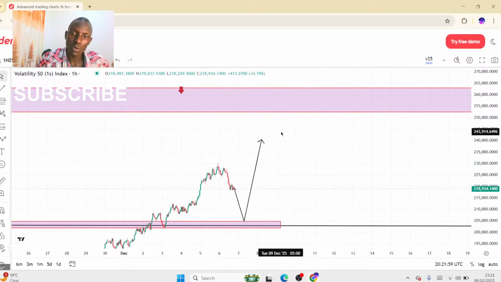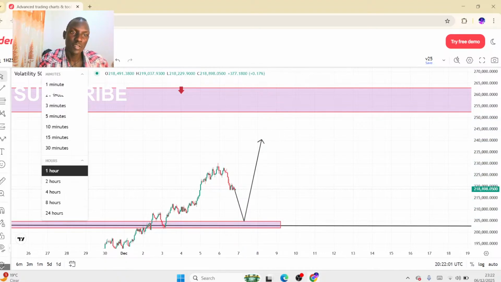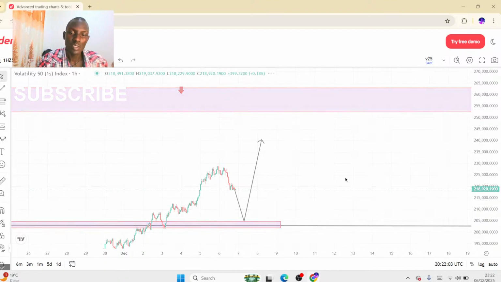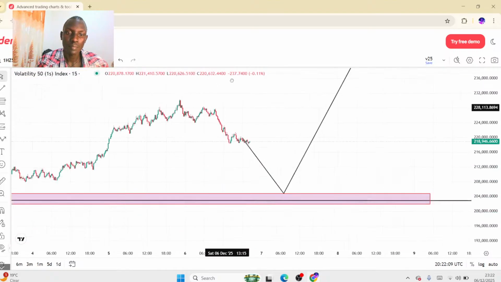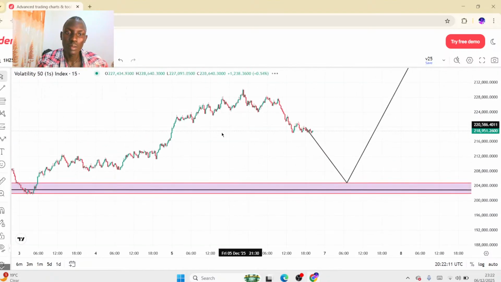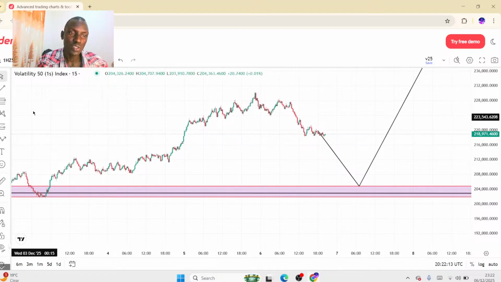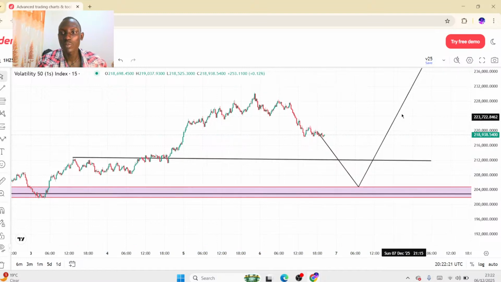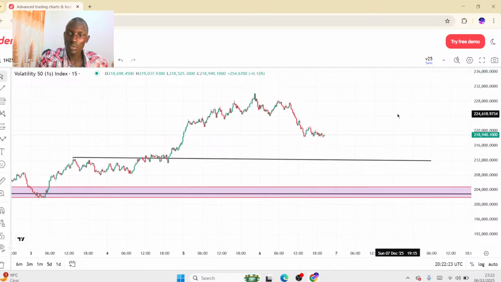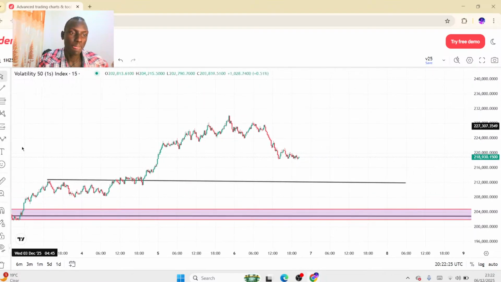So let's go lower again. We see at 15 minutes, if that is the same case, so this is it, but we are able to see another zone. The market is on, so nothing changes from here. Let's wait for this zone here to be mitigated.